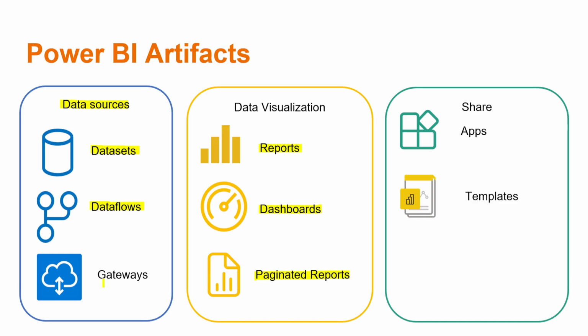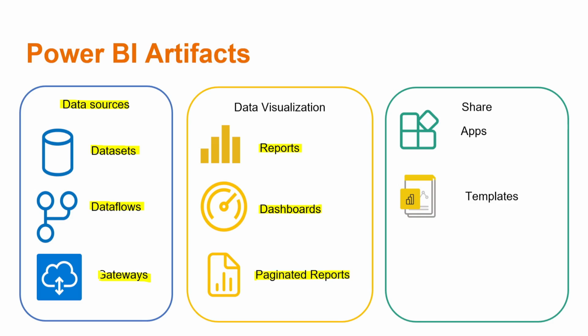And gateways, earlier we discussed on-premise and service, right? Here a gateway is a connection. In case our data source doesn't have a cloud connector, then we need to connect to it using some intermediate system.